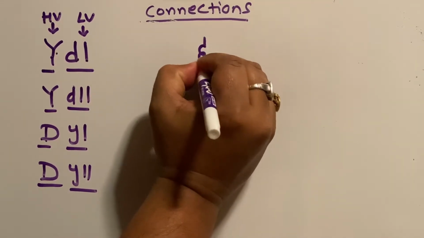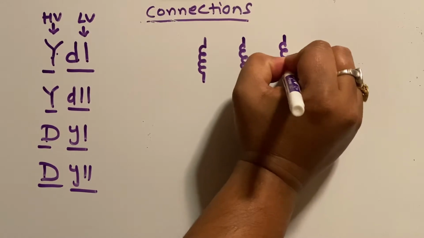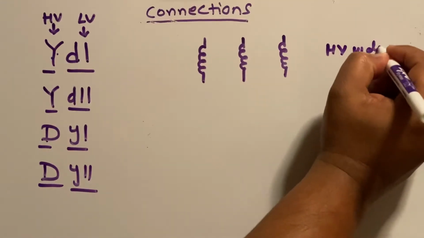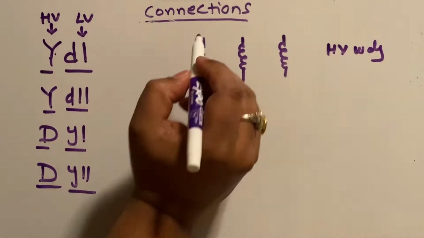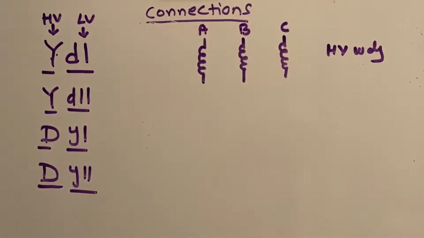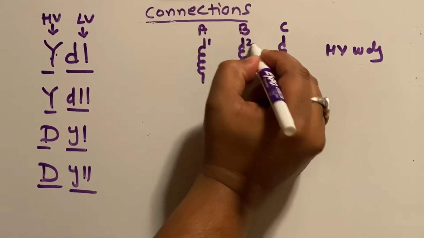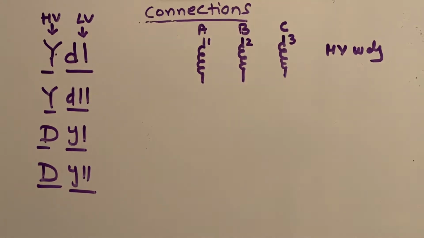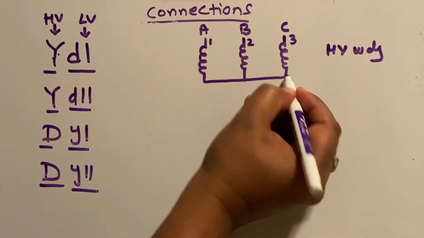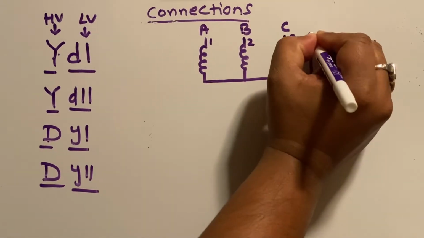As you know, the windings we can represent like this, and let's say this is a high voltage winding. We will name the windings A, B, C, or you can name them 1, 2, 3. This is the star winding, so it is going to make a star connection here, and there will be a neutral point coming over here.